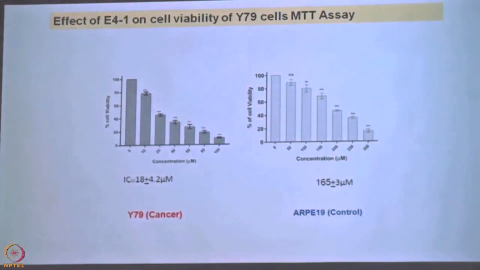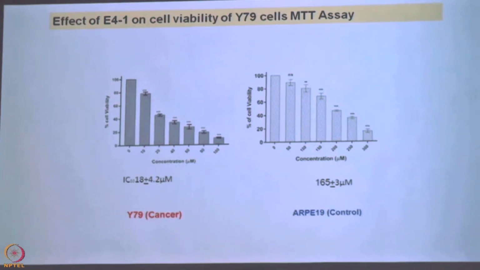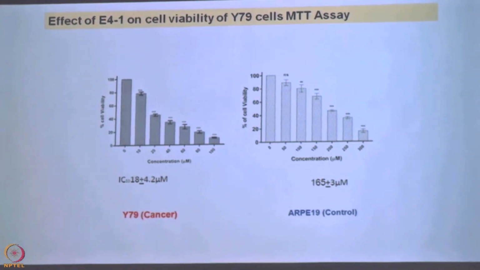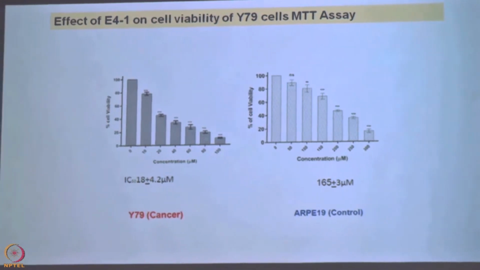Now, what a biologist will do is quickly go and do cytotoxicity. So, we did cytotoxicity, and we found the Y79 retinoblastoma cancer cell line giving an 18 micromolar IC50. But if you get 18 micromolar in the cancerous cell, it is also possible this will kill your normal cell.